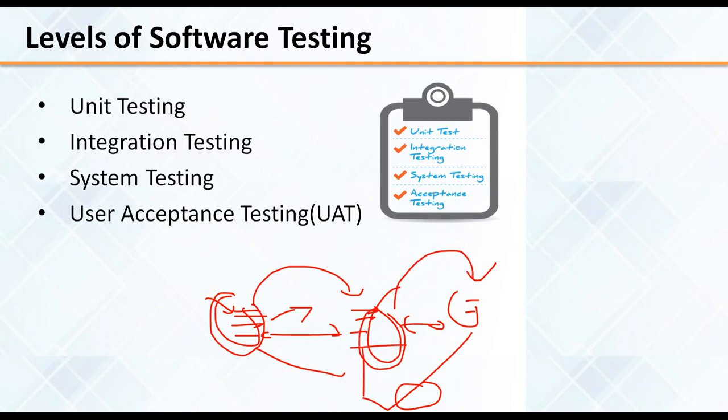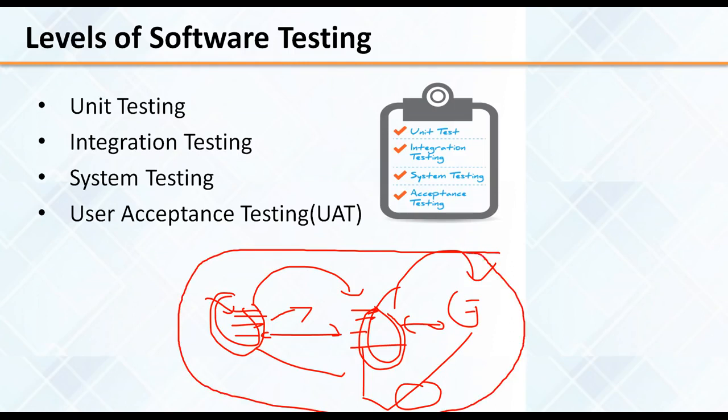System testing is once the coding is completed, they will integrate everything and make one software application. This is the final product or final build, and that build is provided to the testing team, and the testing team will perform the system testing, whether it is working according to the customer requirement or not.